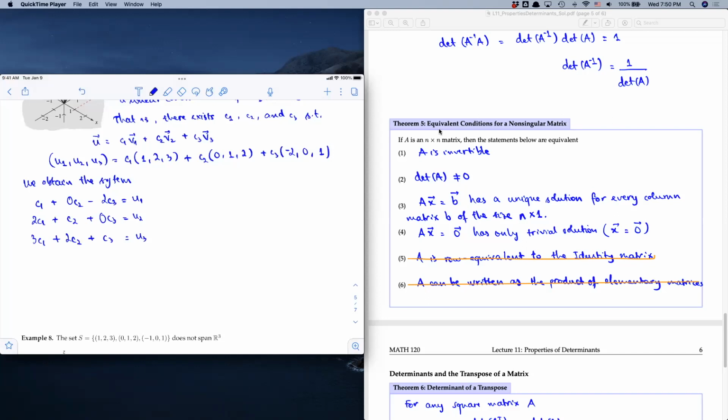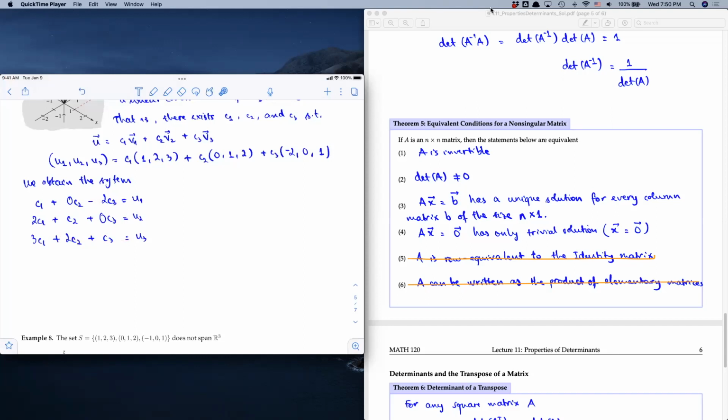So in our problem, we want to find the determinant of the coefficient matrix. If the determinant of the coefficient matrix is different from 0, we can conclude that this system has a unique solution. That is, C1, C2, and C3 exist.